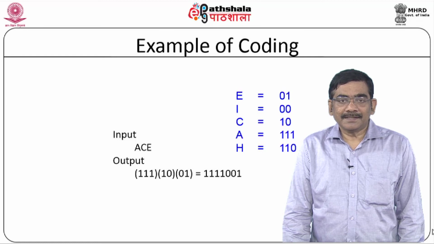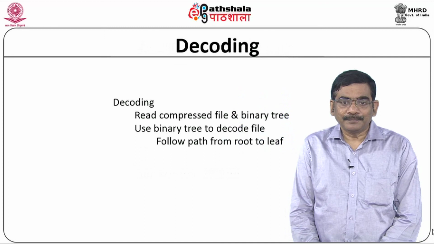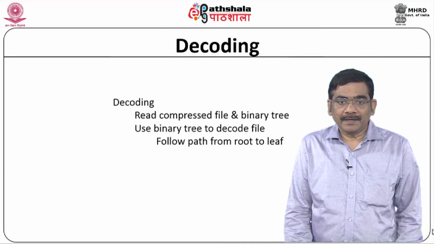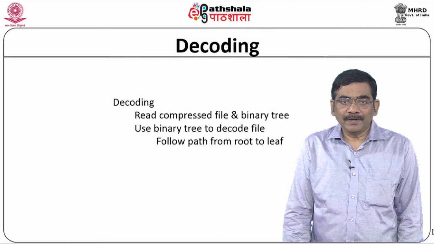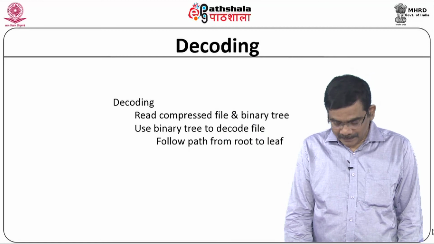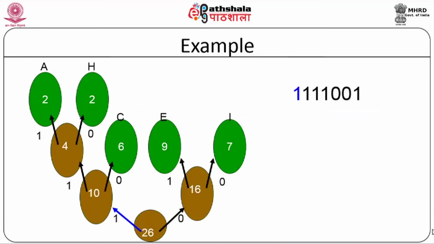The question is how to interpret this. Okay. The logic is very simple. The same encoding tree that we used at the sender will be used to decode. So, in decoding we read the bit stream and we use the encoding tree to decode the file content.